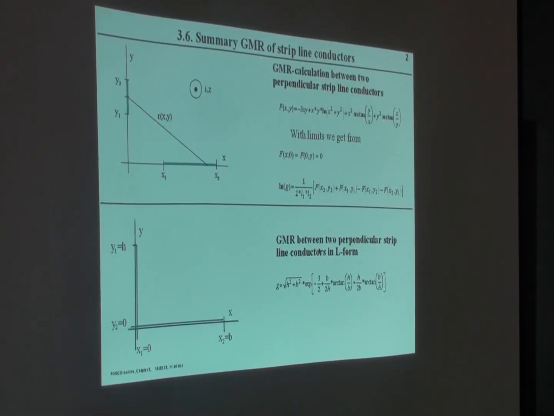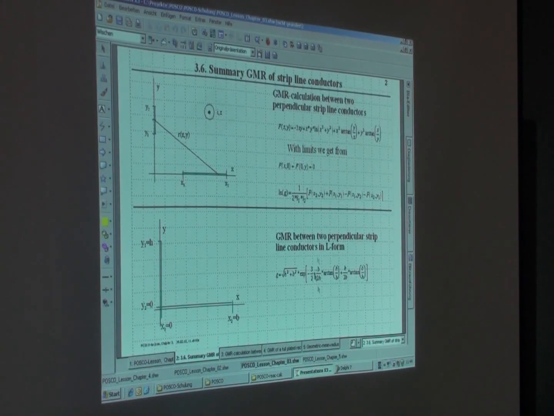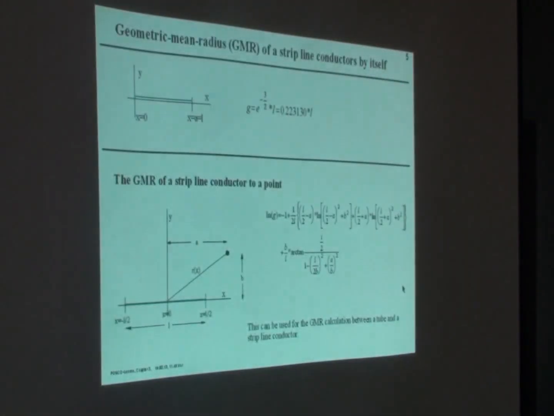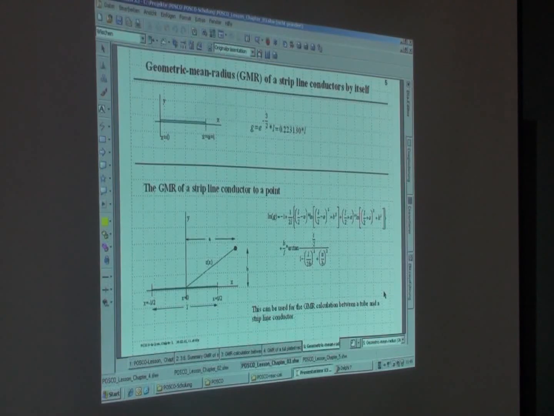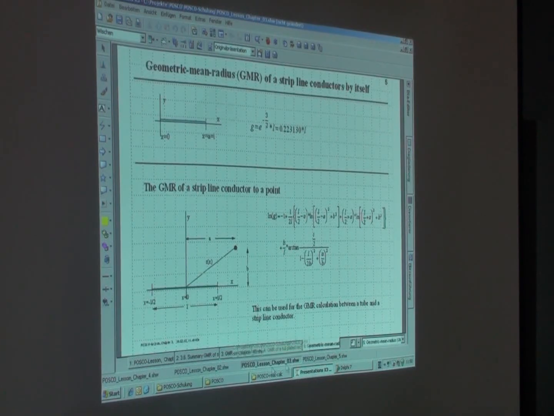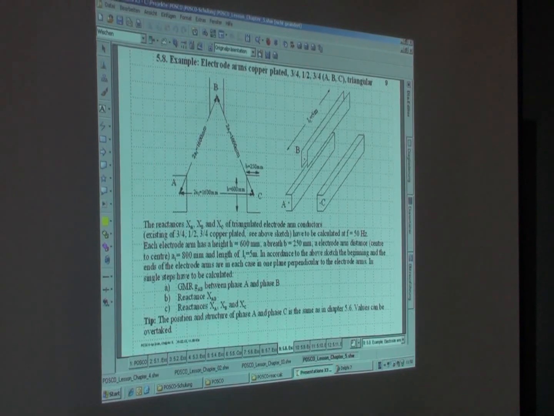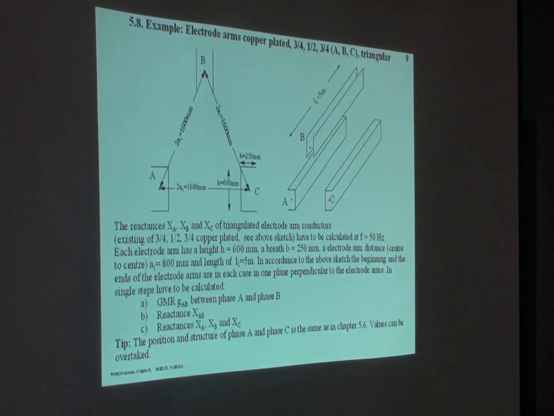I think we go to chapter 5. That's not chapter 5. Yeah, that's here, the file. So now we have calculated these values.